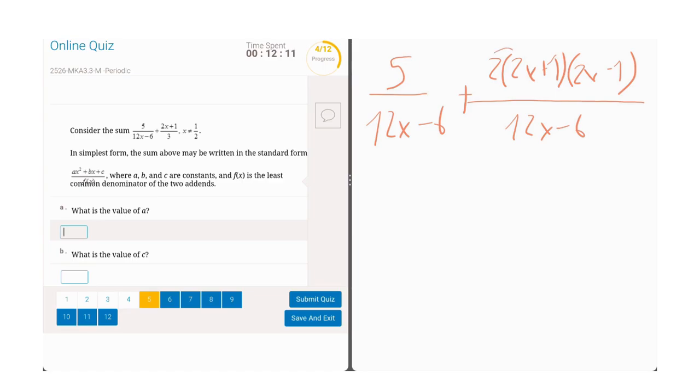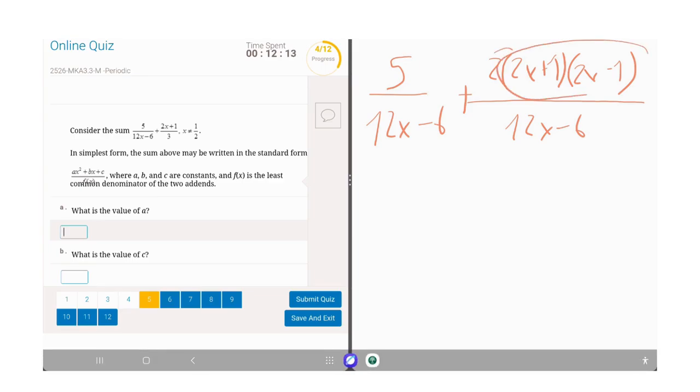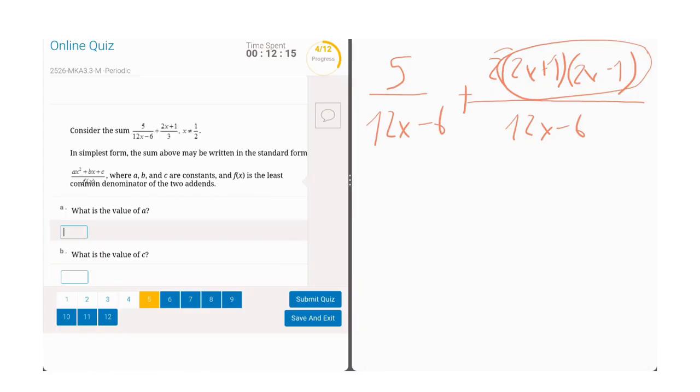So you can distribute here. You find this, and you see that's a difference of two squares. So you can simplify this as 2 into 4x squared minus 1 over 12x minus 6.